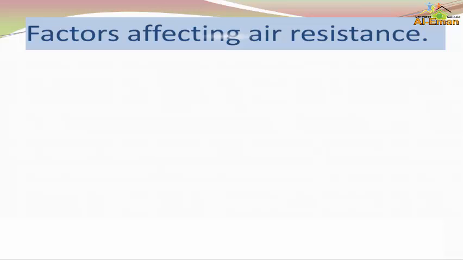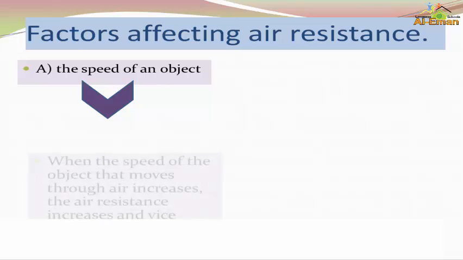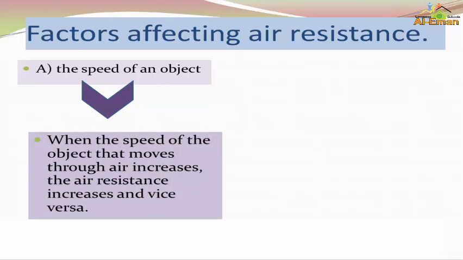There are factors that affect air resistance. We have 2 factors. The first is the speed of an object. This factor affects air resistance. So when the speed of the objects that move through the air increases, the air resistance increases and vice versa.